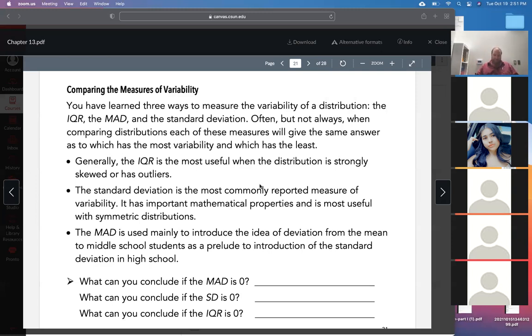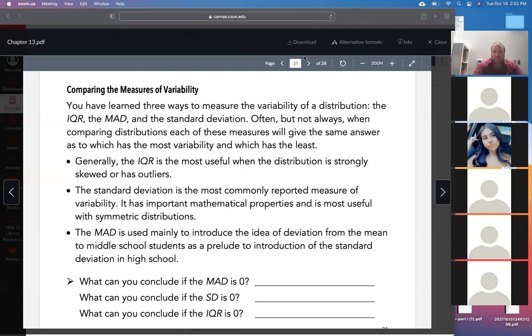Okay? Now, if the MAD is 0, if the mean absolute deviation of a sample of data is 0, what can you tell me? What is the one thing you can conclude if the MAD is equal to 0? Remember what the MAD is.